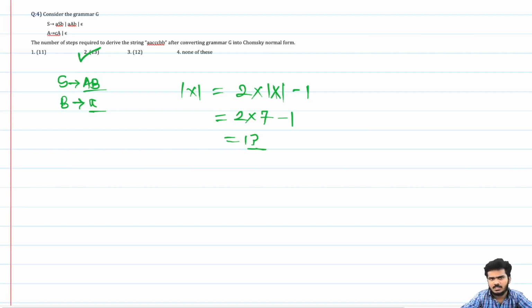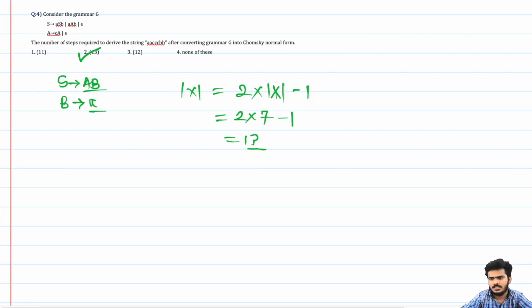Use the same grammar for that also. Just identify how many steps we require to derive the string AA triple C double B after converting the grammar into the Greibach normal form.